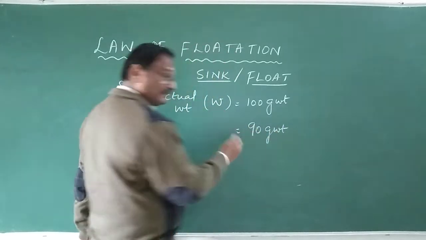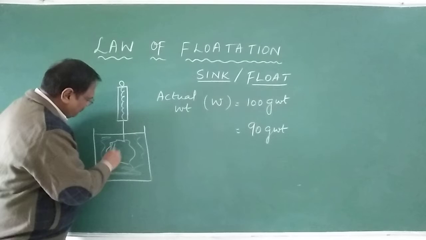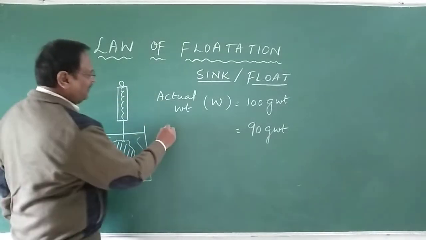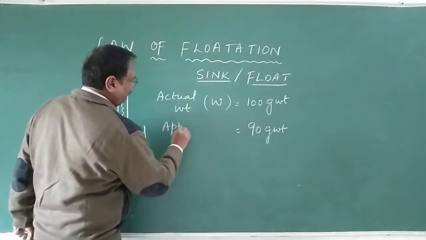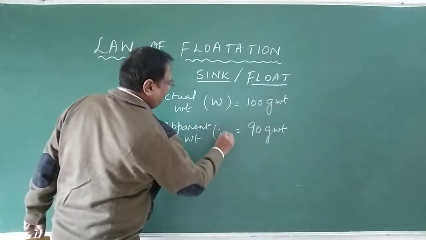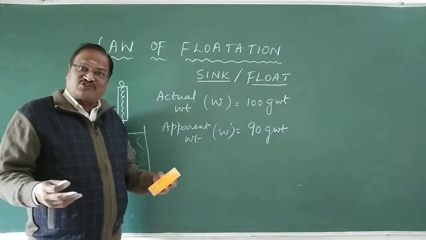The weight has reduced. The mass has not changed. The stone remains the same, but only the weight has decreased, and that is called apparent weight. You can call it W dash. Now, why is there a difference?